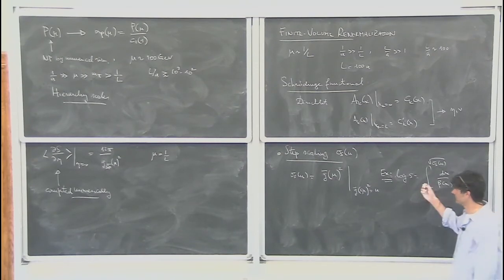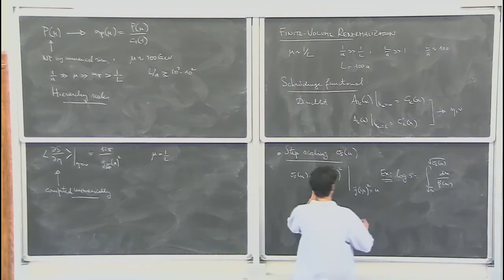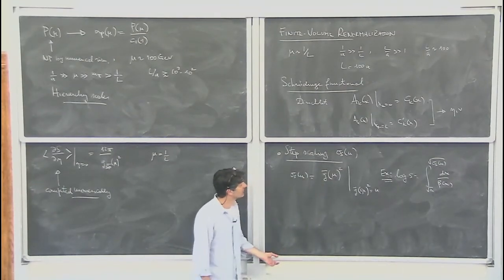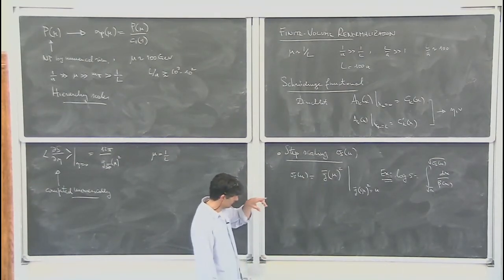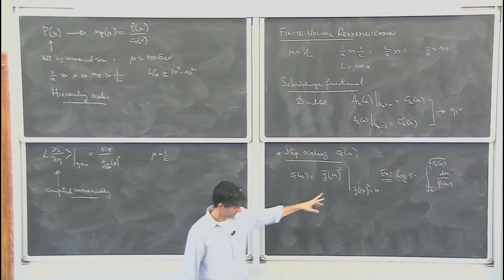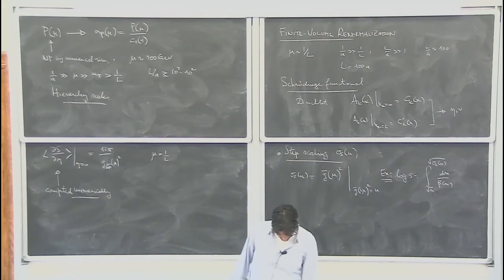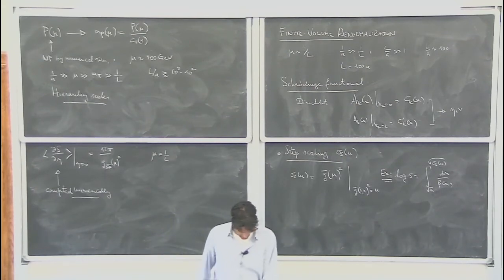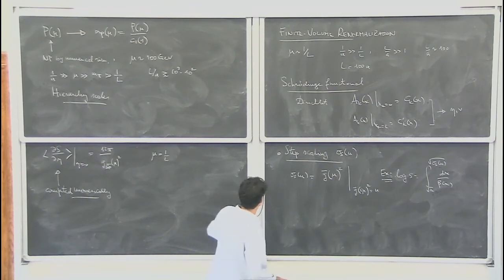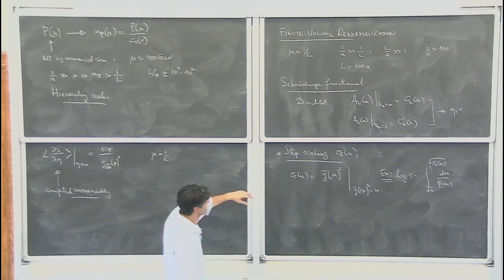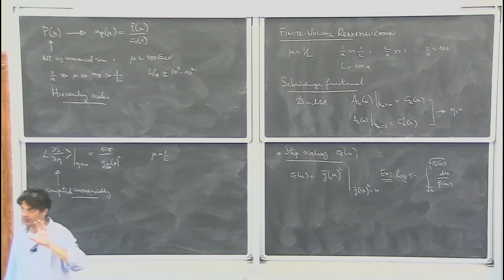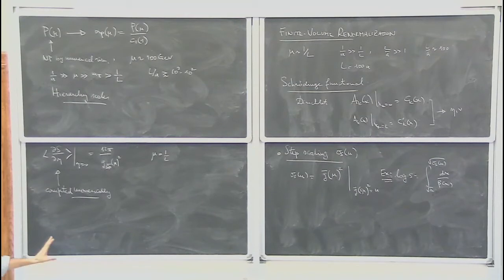Okay, so just as a way to check that you understand the definitions and you know what's going on, you can check that the right-hand side is u independent. So we're almost done. Okay, now we have the definition of the step scaling function. The running is encoded in the step scaling function. Okay, so forget about the beta function. Now we're just going to talk about the step scaling function as a way of describing the running.